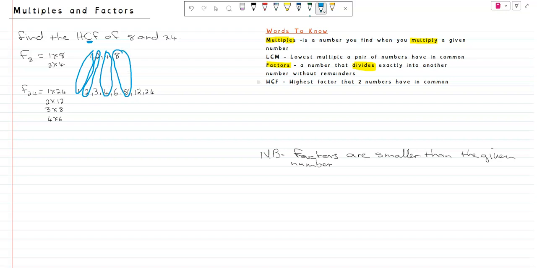Do we look for the lowest common? No, we are looking for the highest common factor, which equals 8. And that's how we work the highest common factor out. This is how we calculate it.